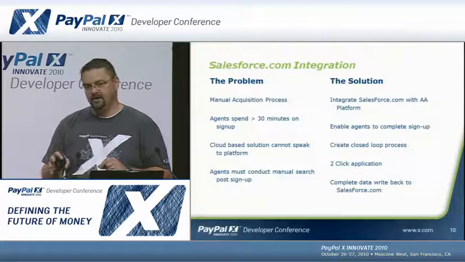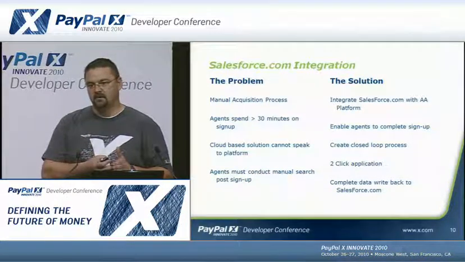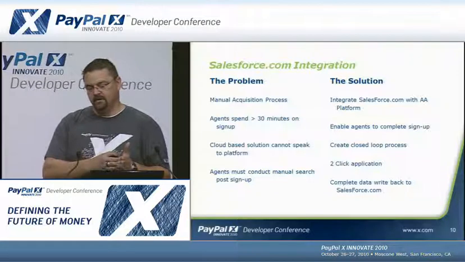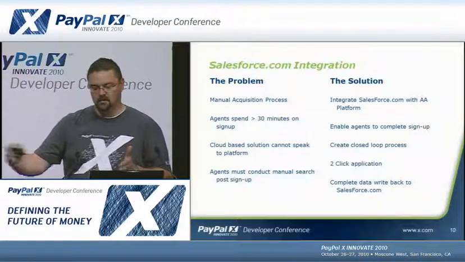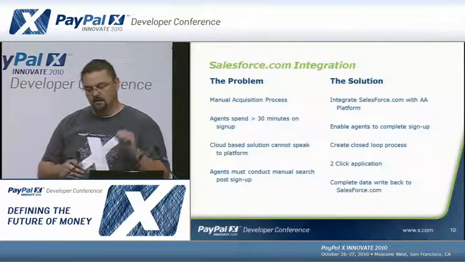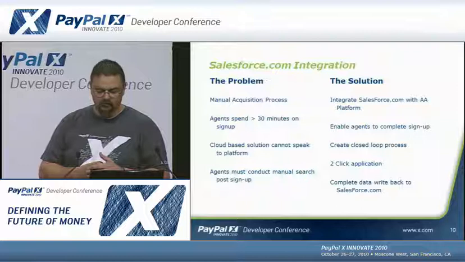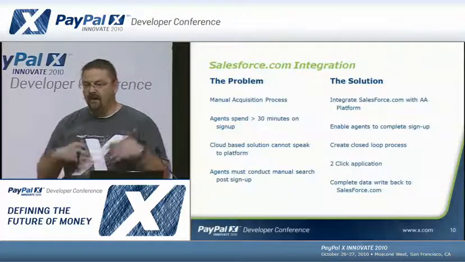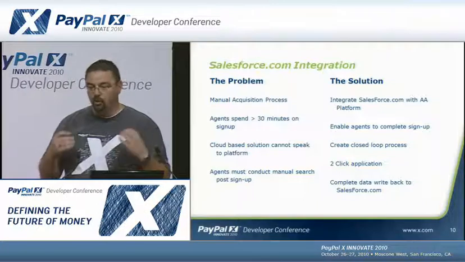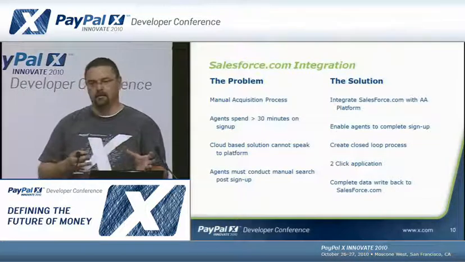They would submit the account on behalf of the merchant. The merchant would then get an email to activate their account. Once it was activated, their account information would be systematically pushed into Salesforce.com, all via the API, creating a complete closed-loop process. Once that information was pushed back into Salesforce.com, it gave us the ability to push all of our PayPal-specific information back and forth via our other integration methods.